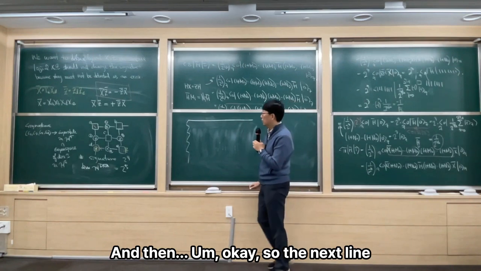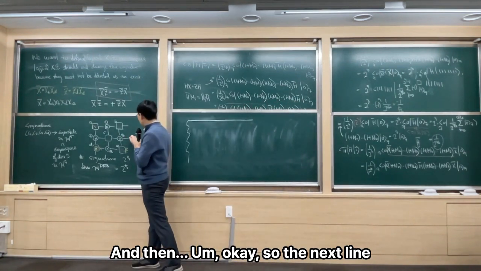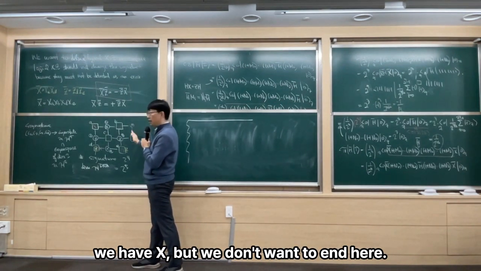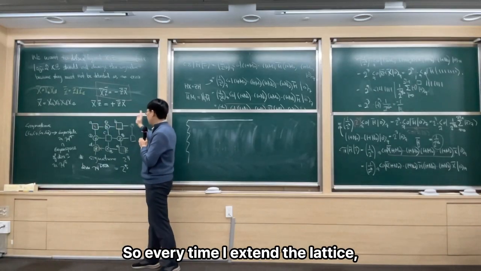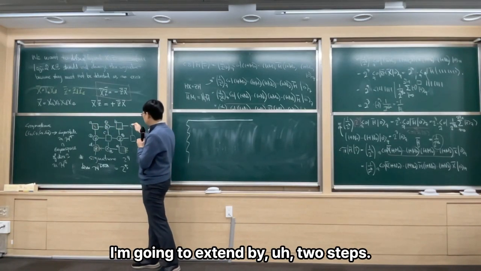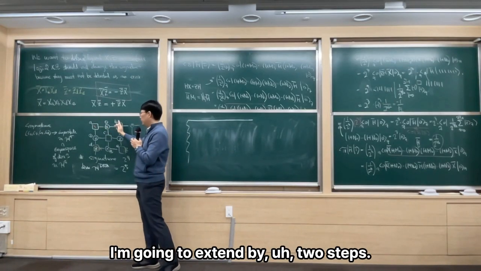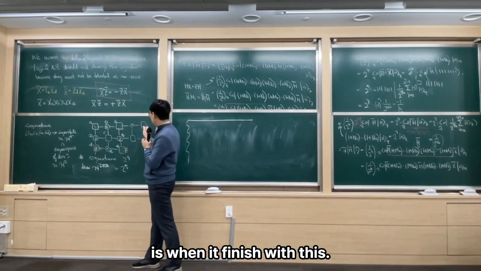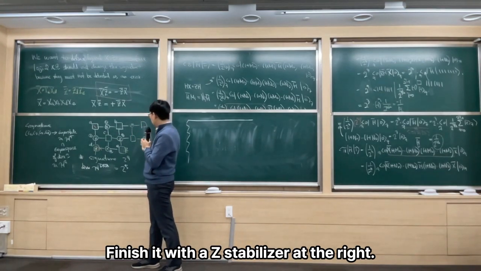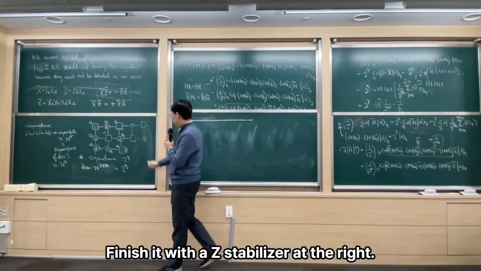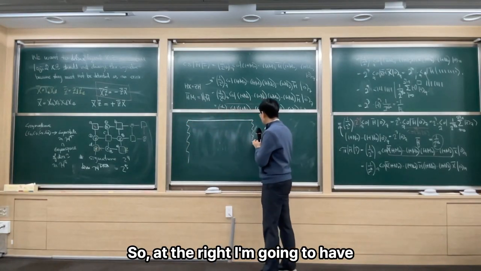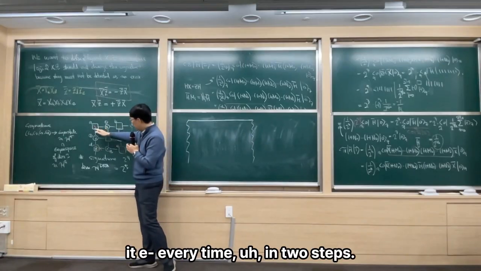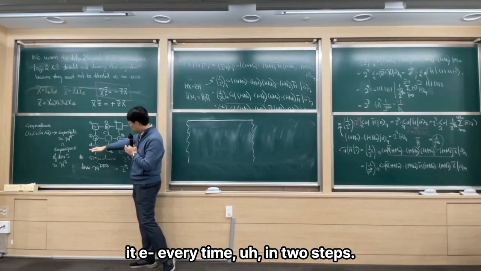And then the next line, we have X, but we don't want to end here. So every time I extend the lattice, I'm going to extend by 2 steps. So the next step of extension is when it finishes with this. It finishes with a Z stabilizer at the right. So at the right, I'm going to have a Z stabilizer here. And also I'm going to extend it every time in 2 steps.